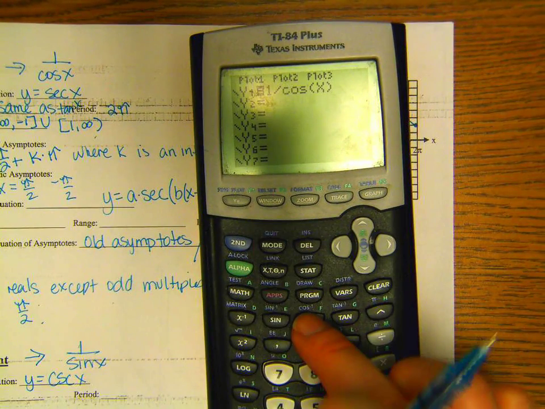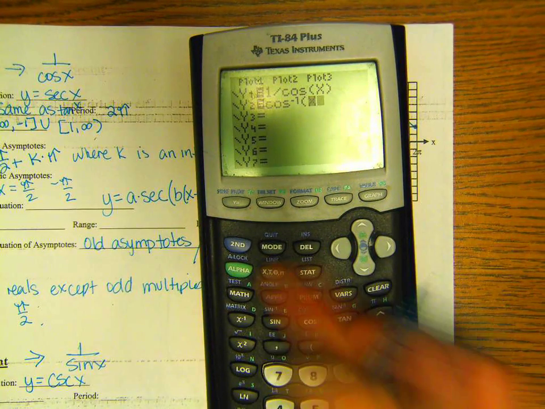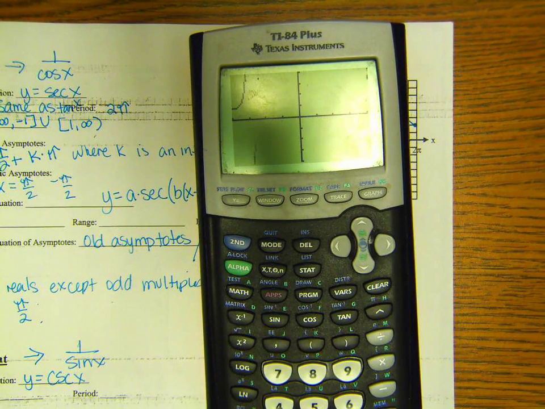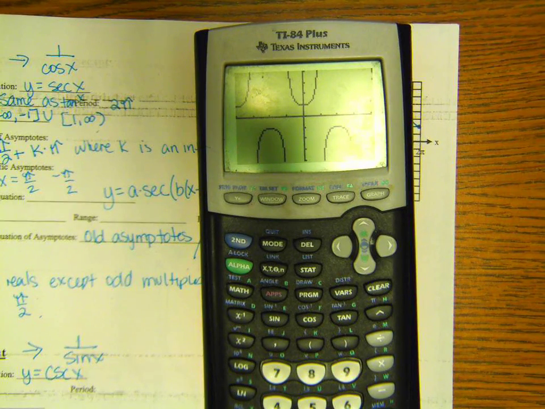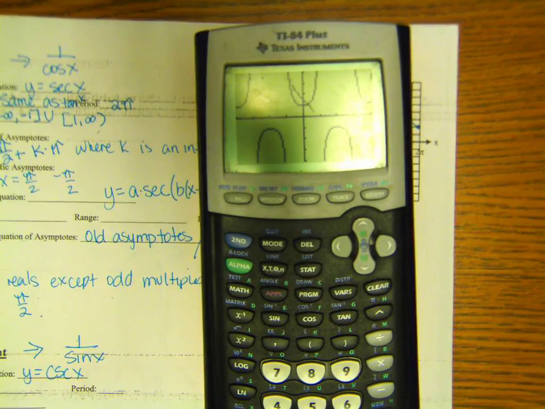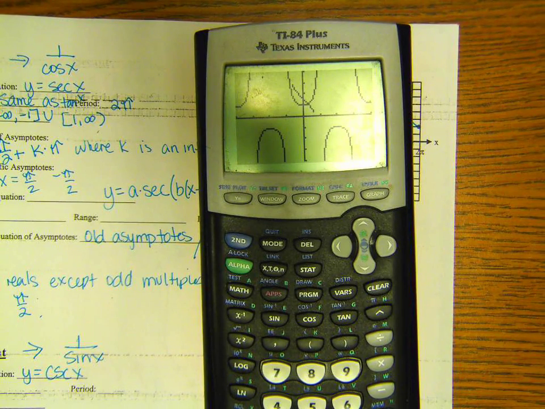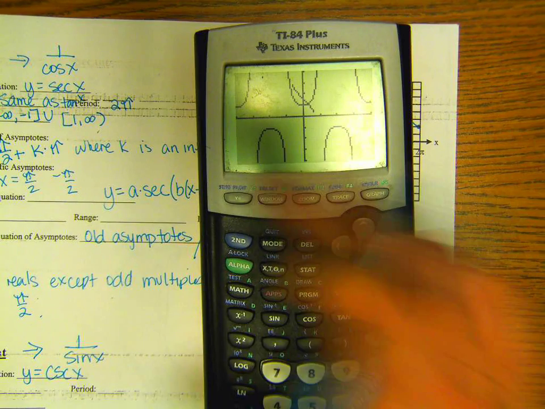I want to quickly show you, if you type this in on your calculator, you get a completely different graph. This is the original. Here it comes. See that little line in the middle? So don't graph that, you're going to get really confused. You have to type in 1 over cosine, okay?